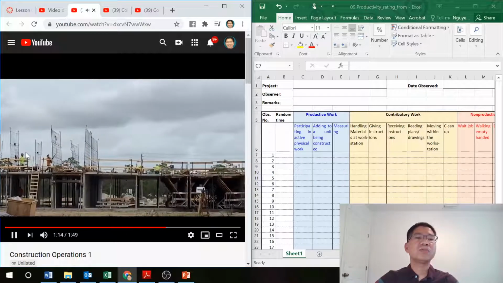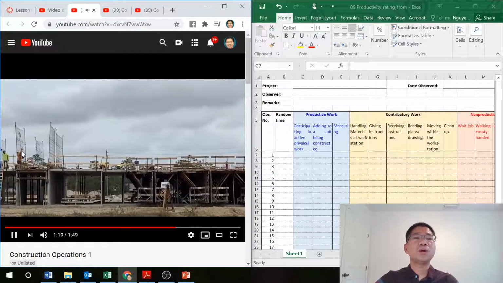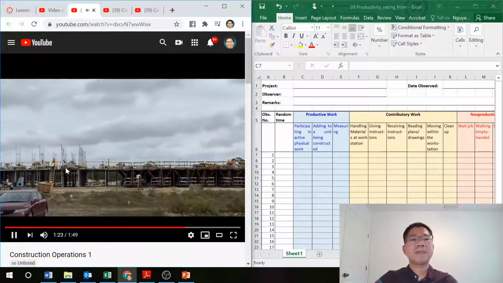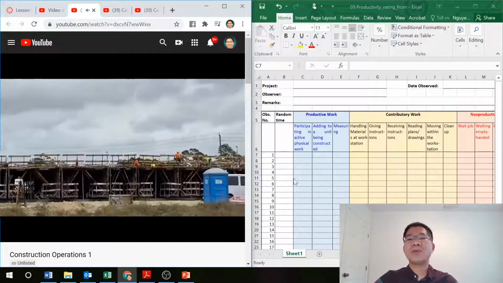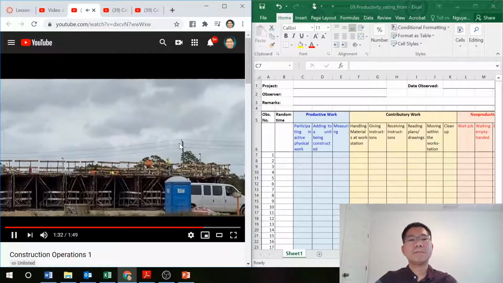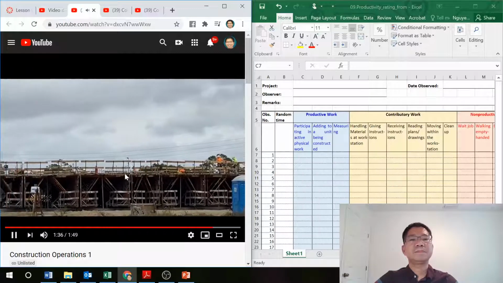Consider now the one hanging, preparing, doing the work, that is contributory, and traveling outside the workstation. But you can see that it's easy to get multiple observations and see whether they are productive, contributory, or non-productive.